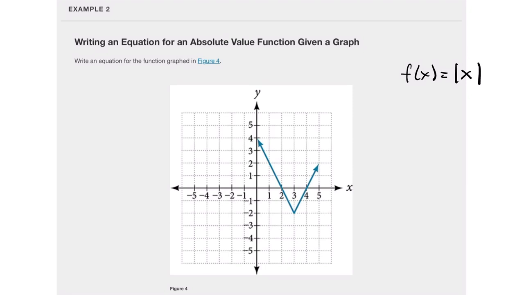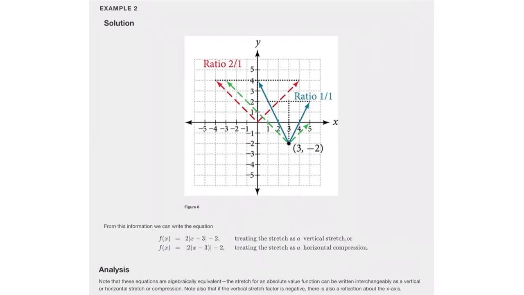The vertex starts here. It went right 3, and then it went down 2. And it looks like it's a little bit distorted as well. It looks like the y values were doubled. So it looks like there are 3 manipulations at play. We went right 3, down 2, and caused a vertical stretch by a factor of 2.